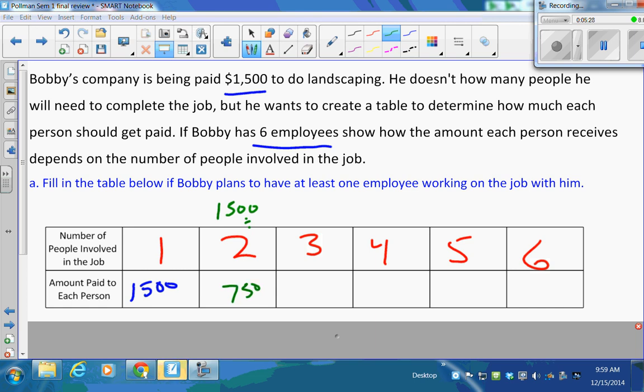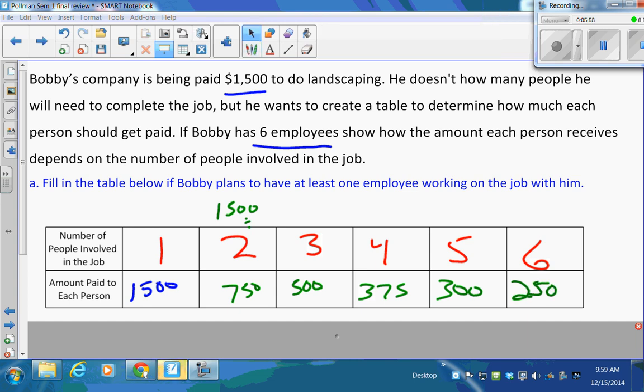So 1,500 divided by 3 is 500. 1,500 divided by 4 is 375. 1,500 divided by 5 is 300. And 1,500 divided by 6 is $250. That's how much each person gets on this job.